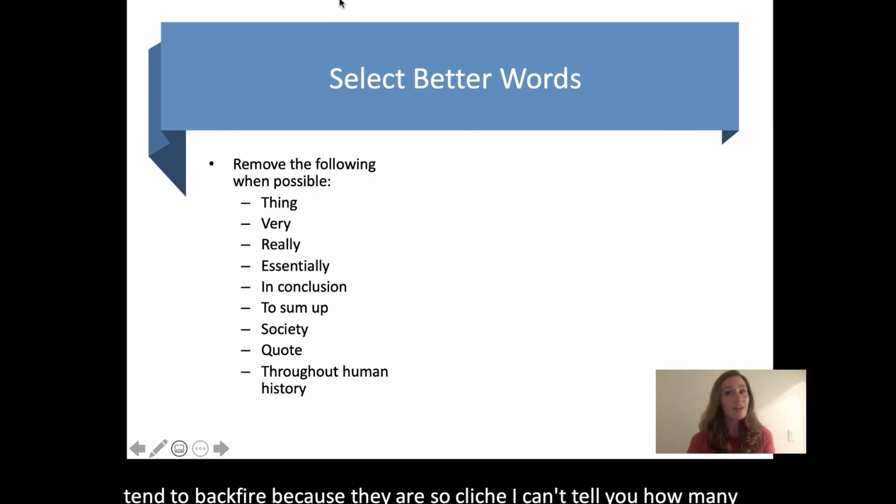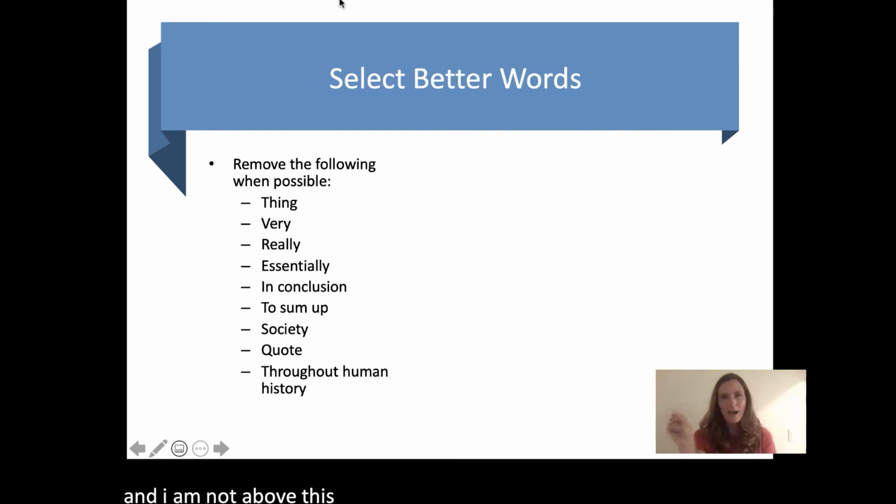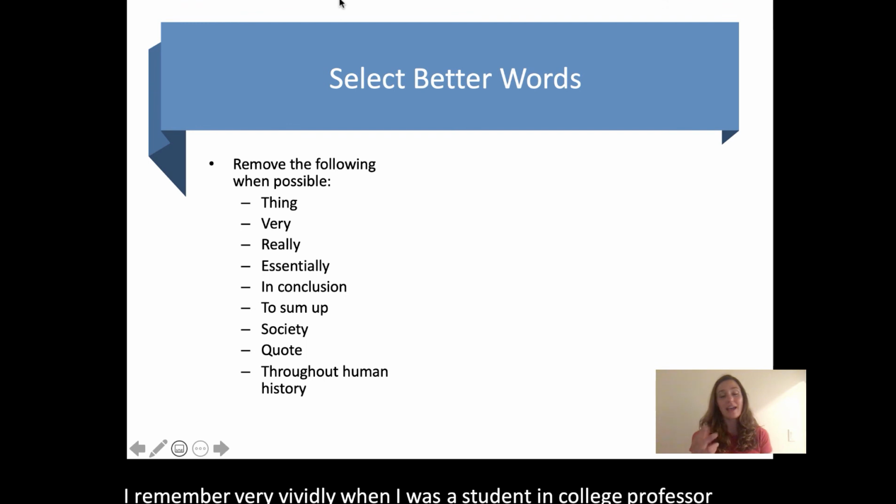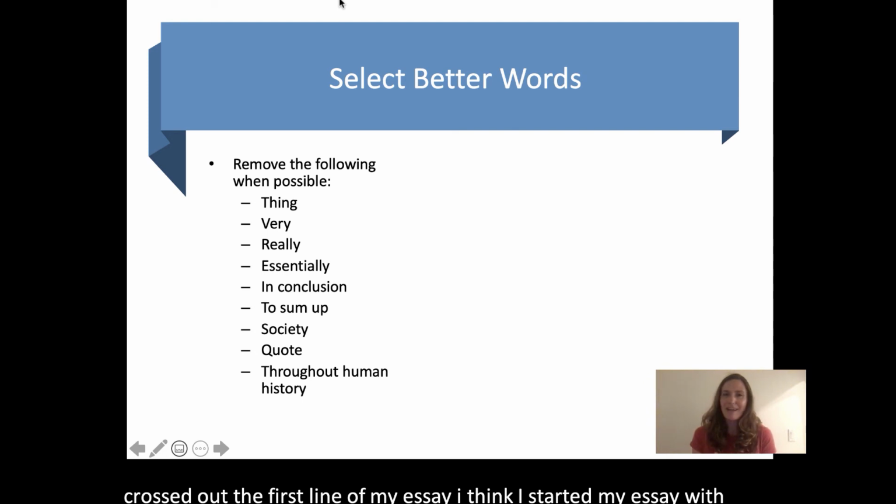And I am not above this. I remember very vividly when I was a student in college, a professor crossed out the first line of my essay. I think I started my essay with something like "since the dawn of time" and wrote cliche, and I was so outraged and so offended, but now I get it. It is a very cliche way to start essays. You can do so much better than that.